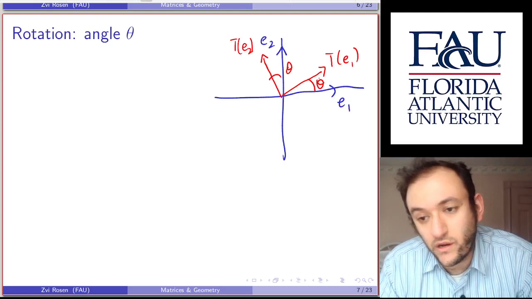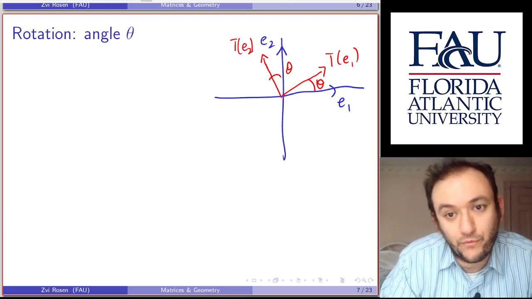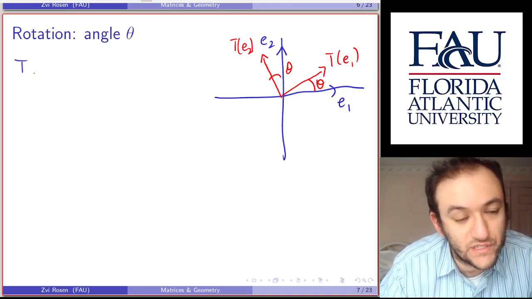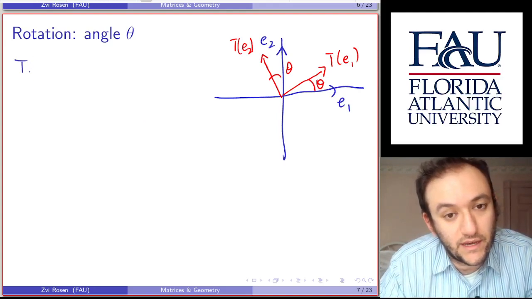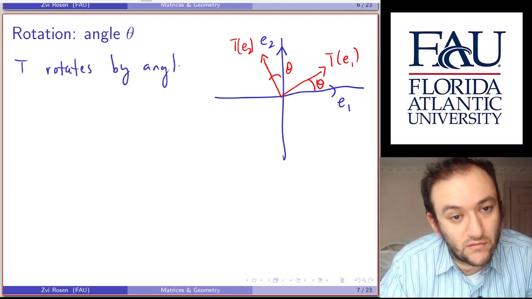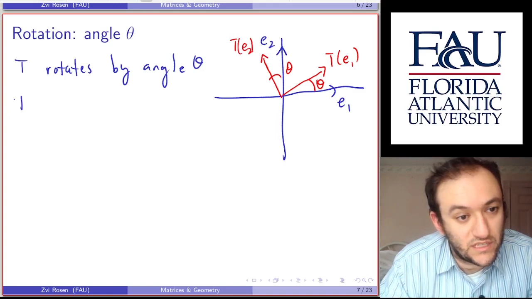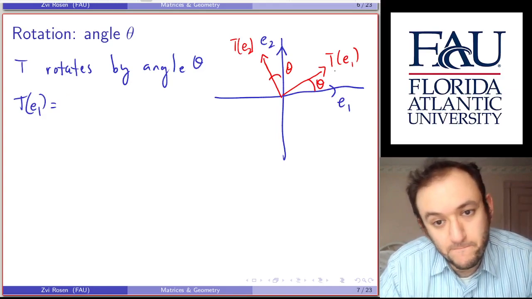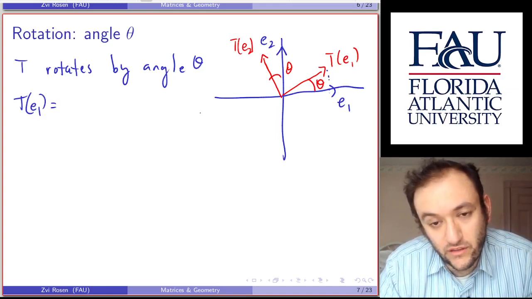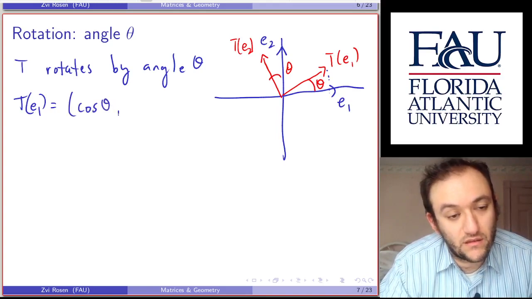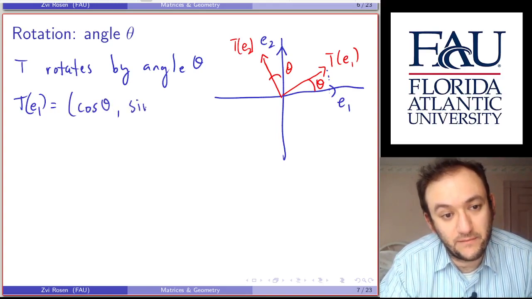So how can we write down the coordinates for these vectors? The same way we did before. T rotates by angle theta. So T of e1, drawing the right triangle, has x-coordinate cosine theta and y-coordinate sine theta.